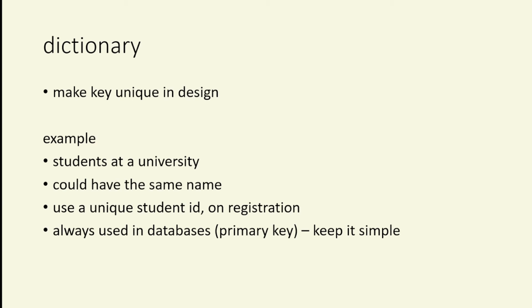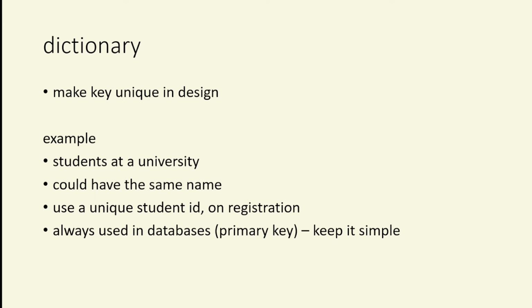So we make sure every student is unique by registering every student so they have a student ID. And now we can identify any student because each student ID is unique to that student. And we know as soon as each student is registered that they have an ID number. This is called a primary key in databases, and it makes everything a lot more simple and easy to use.